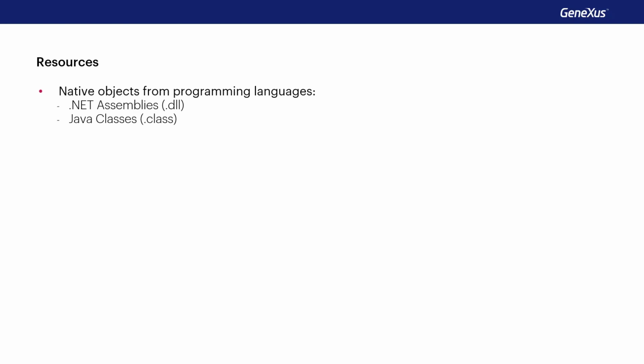We may import different types of resources into our KB. For instance, when we have something programmed in .NET, we may generate a DLL and import it into the KB as an external object. Then, from our app, we may invoke the functions included in the DLL as if they were procedures programmed in GeneXus. The same happens with classes created in Java.